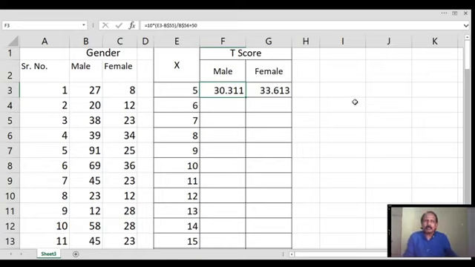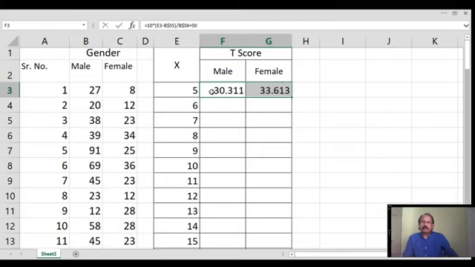For that we just have to select the cells in which the t-scores of male and female are found. Here the t-score of male for x equals 5 is found in F3, and that of female is found in G3. So we will first select these two cells together. Remember this.